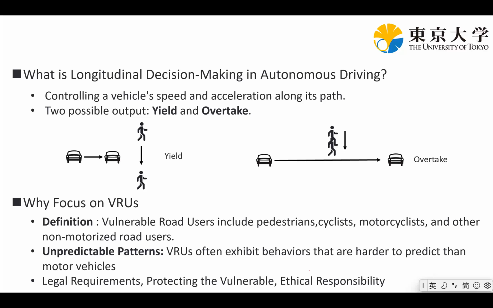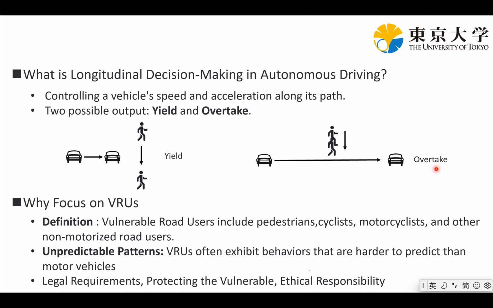The ultimate output falls into two primary categories: yield and overtake. As illustrated in the diagram, if the AV allows the pedestrians to proceed first, this action is classified as yield. Conversely, if the AV passes before the pedestrian, it's categorized as an overtake.